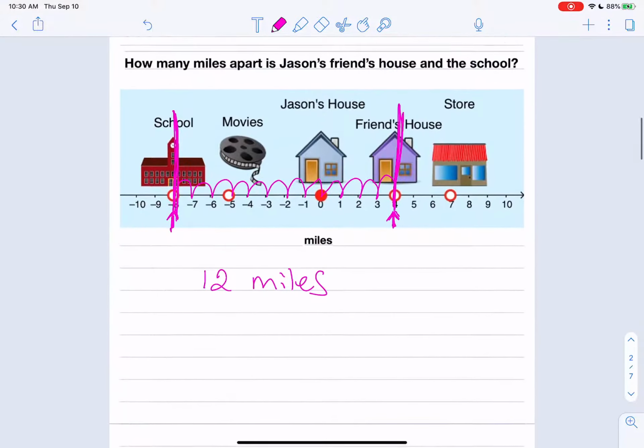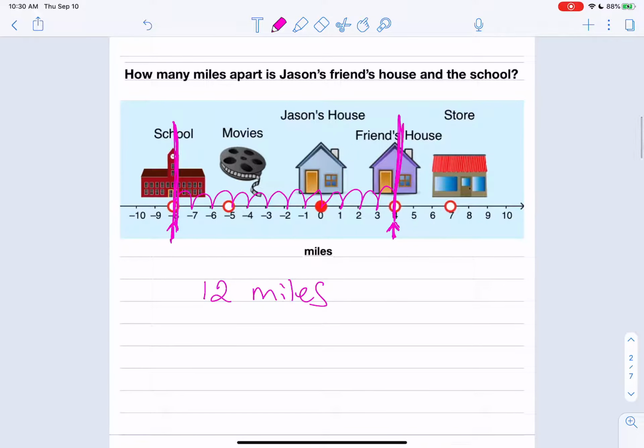So let's take a look at this problem above. We had the friend's house, which was at 4, and the school equaled -8. Now remember, I always say there's more than one way to do a problem.